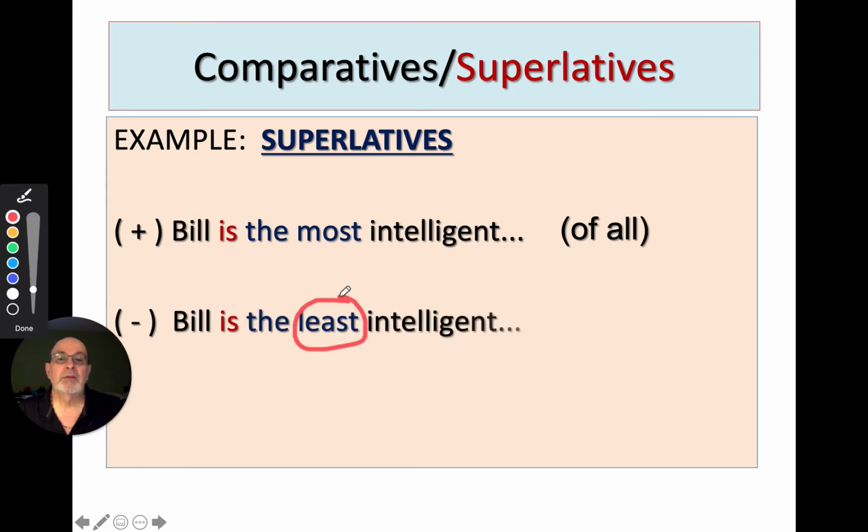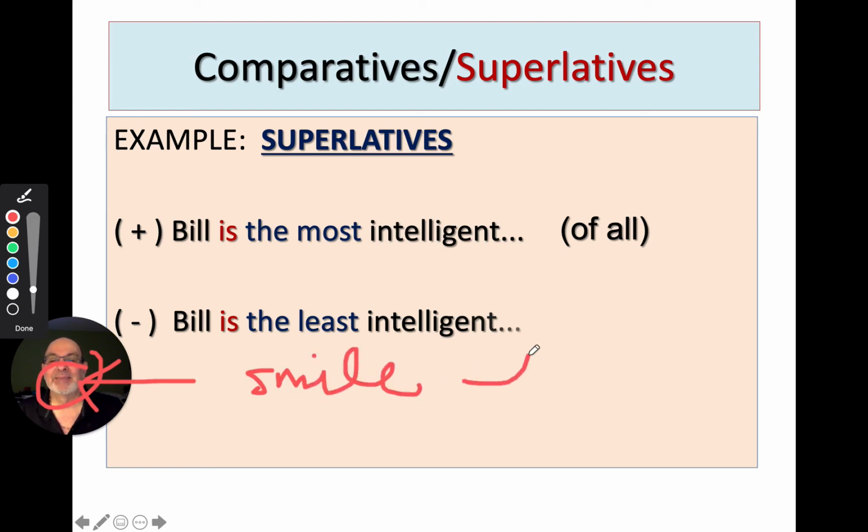Okay, so what you should notice here is most and least. I don't know if you notice my mouth when I say that, least and most. I have to smile because it's a long vowel. Smile. Okay.